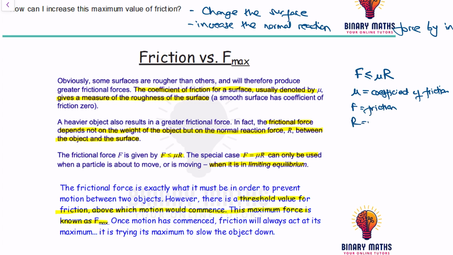R is equal to the normal reaction force. And we have Fmax, which is equal to maximum friction, which is equal to mu times R.